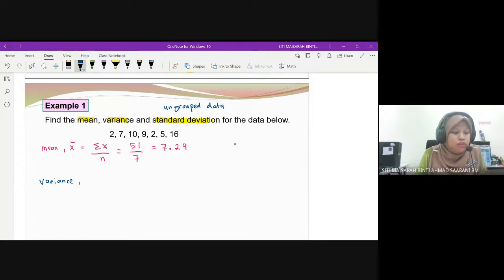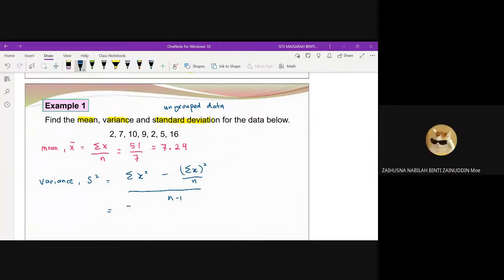So the formula for variance, s square, equals sum x square minus (sum x) square over n, all over n minus 1. So read it off; no need to key in again, use the earlier entries. What is sum x square on the calculator? 519.